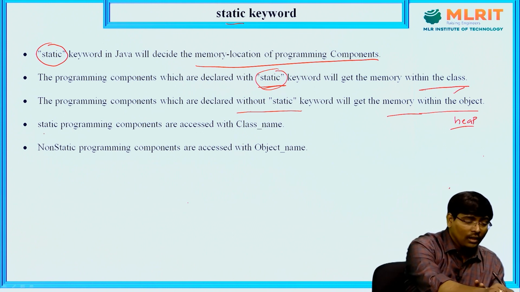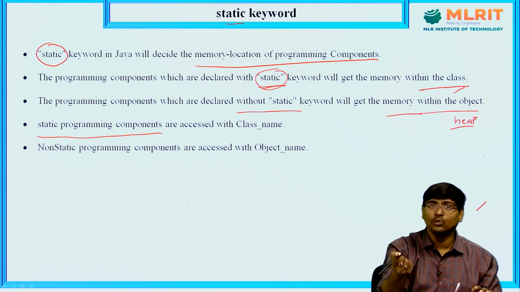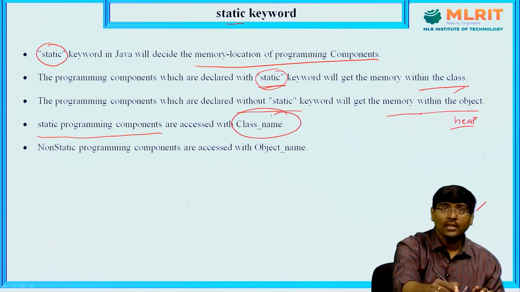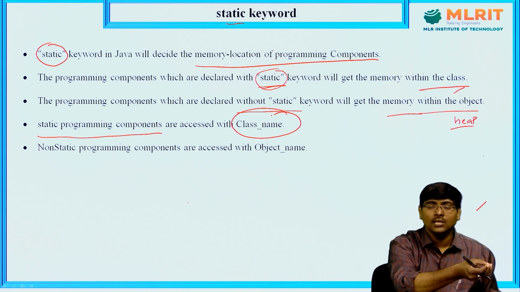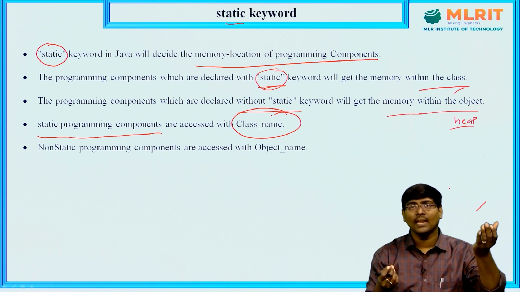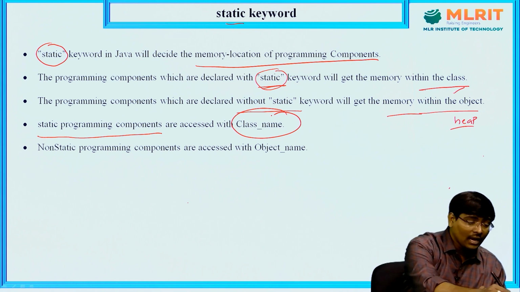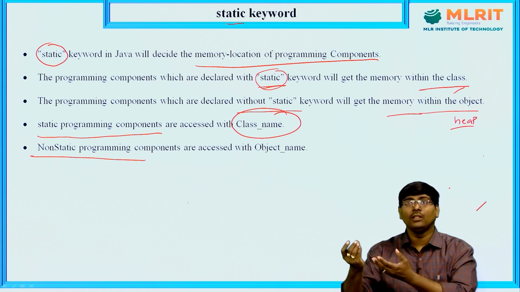Now, all the static components are accessed by using the class name only. Why? The components are allocated inside the class. So, if they are present inside the class, then we can access them by using the class name only. Non-static components allocate the memory within the object.